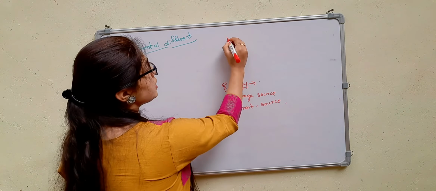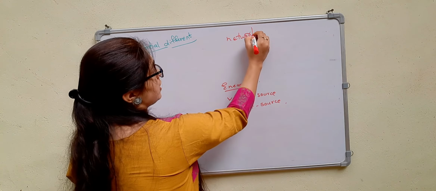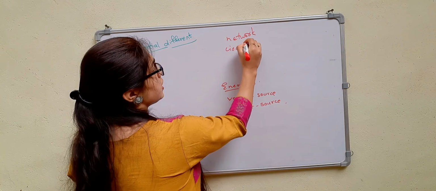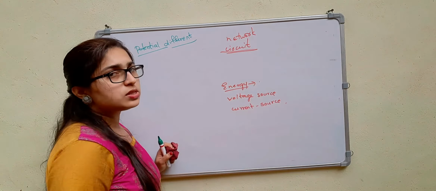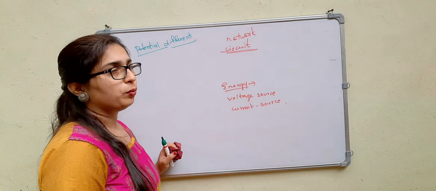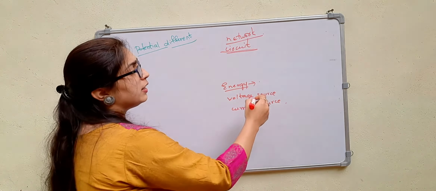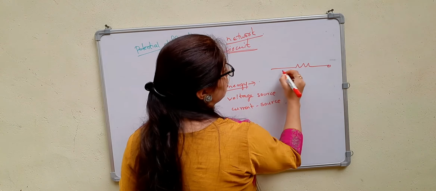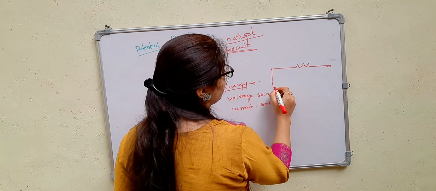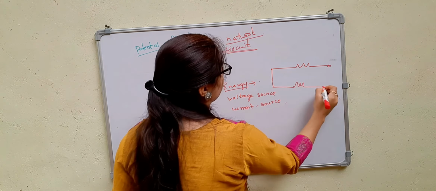Then what is your network and what is circuit? So circuit means there will be a closed path for the current flow. Network means there may be an open path also.